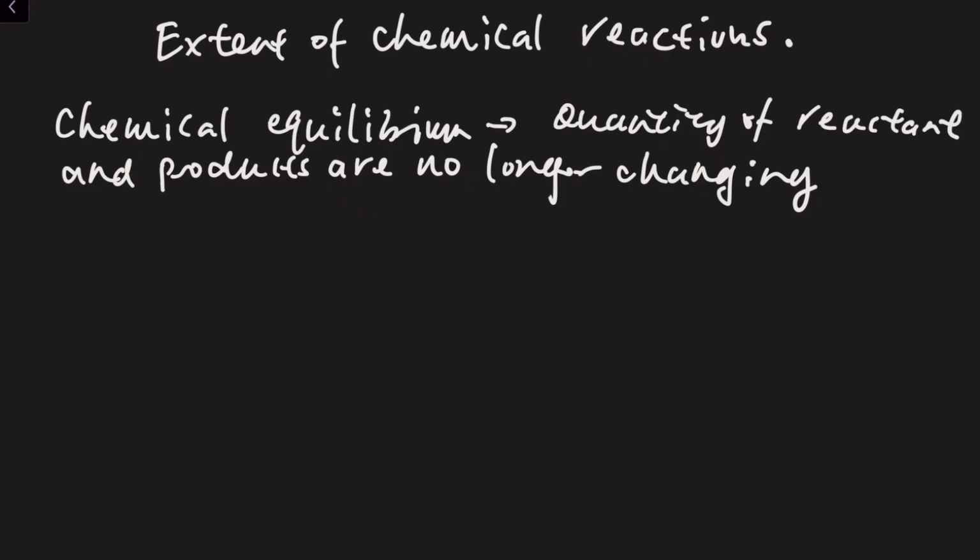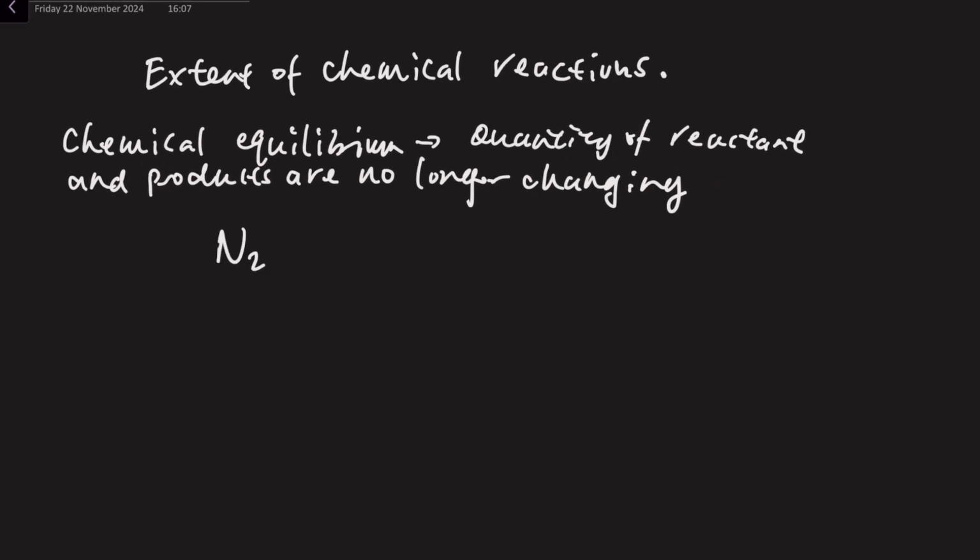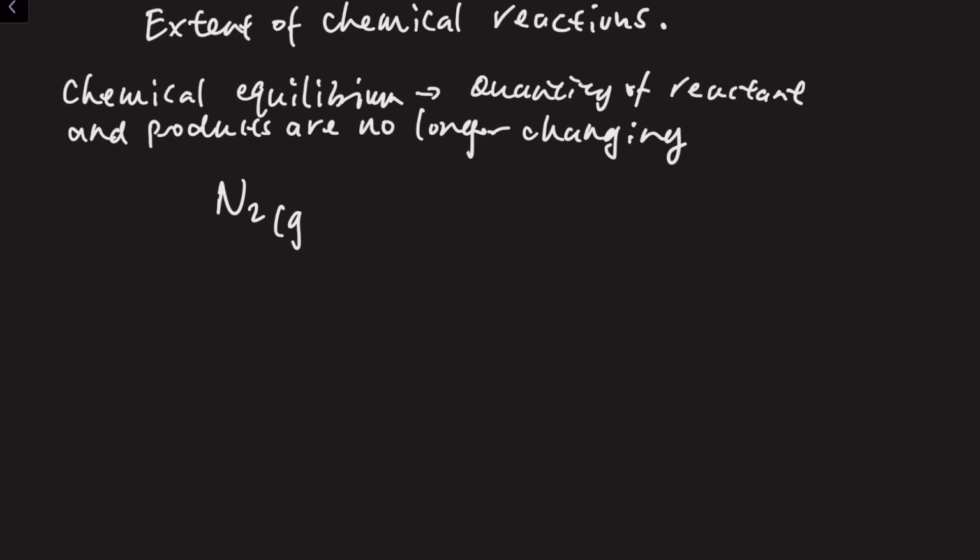I will make this more clear using one example. The production of ammonia, which is used as fertilizers. And the chemical equation looks like this. Nitrogen gas plus hydrogen gas goes to ammonia.